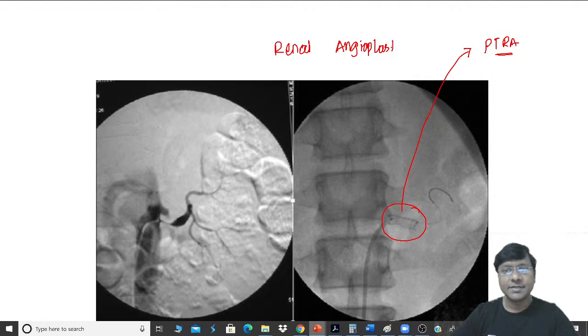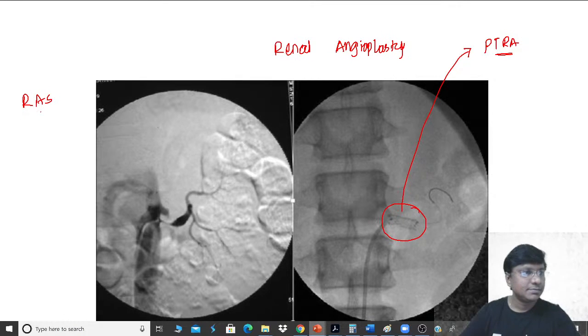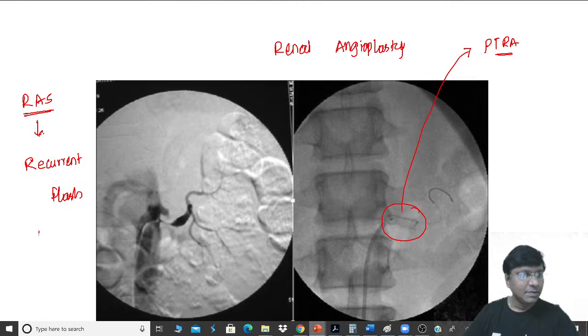And not only that, renal artery stenosis is also one which will cause recurrent flash pulmonary edema.